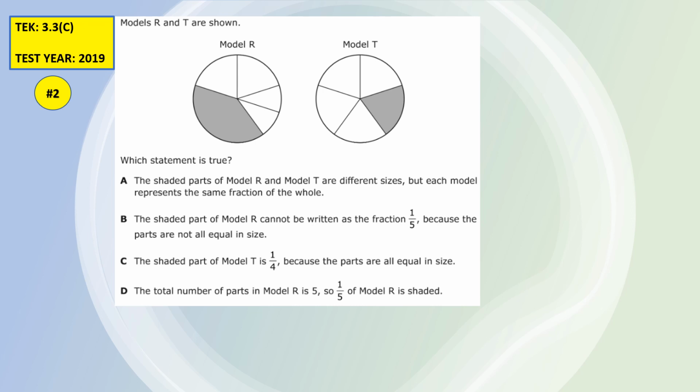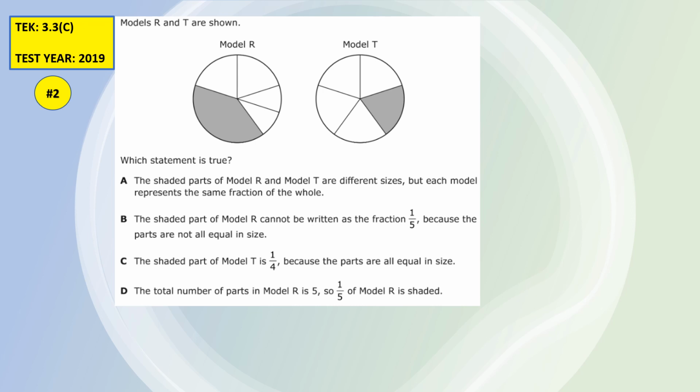Answer choice A says, the shaded parts of model R and model T are different sizes, but each model represents the same fraction of the whole. Answer choice B says, the shaded parts of model R cannot be written as the fraction 1/5 because the parts are not all equal in size.